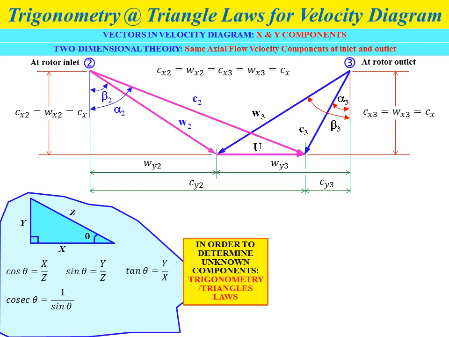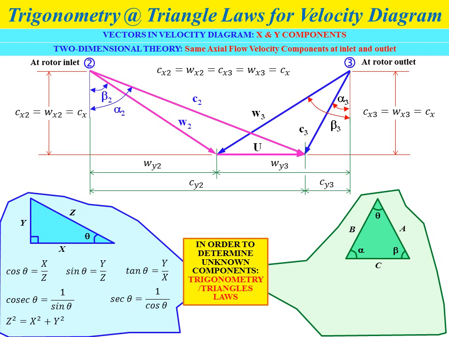Cosec theta equals 1 divided by sin theta. Sec theta equals 1 divided by cos theta. And based on the Pythagoras theorem, z squared equals x squared plus y squared.